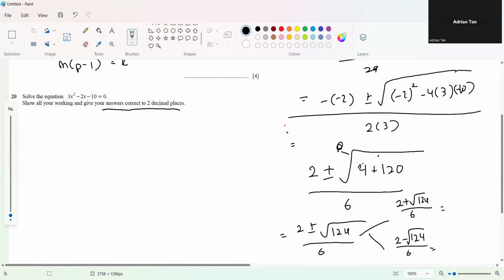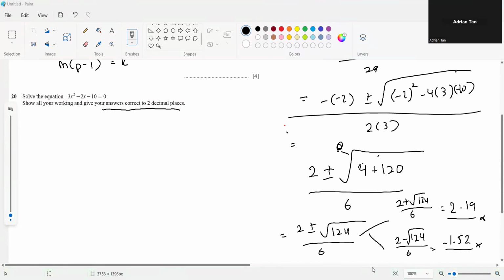And then from there, we can use our calculator. To 2 decimal places, the first is 2.19, and the second one would be -1.52. So those are our two answers to two decimal places. So that's 20 done.